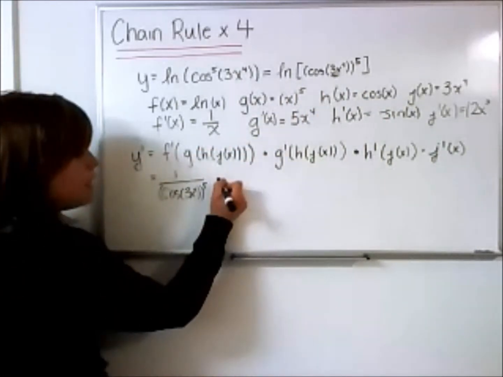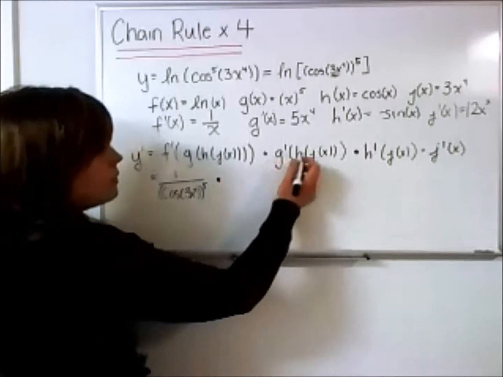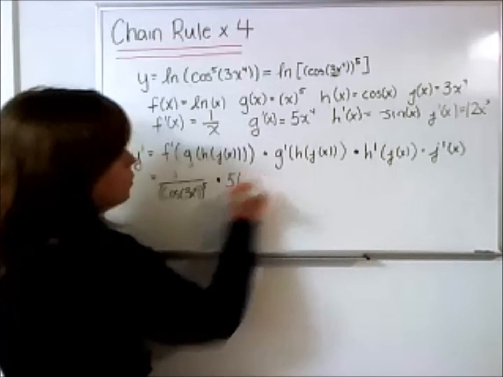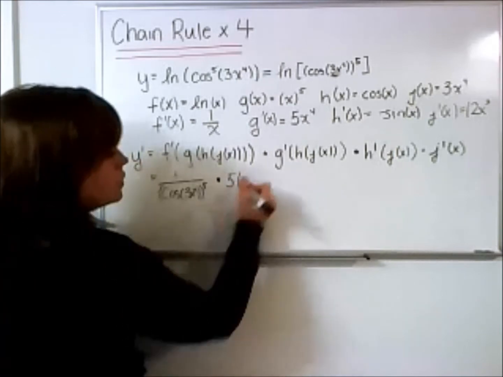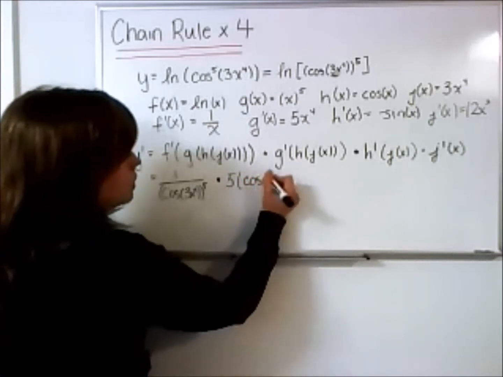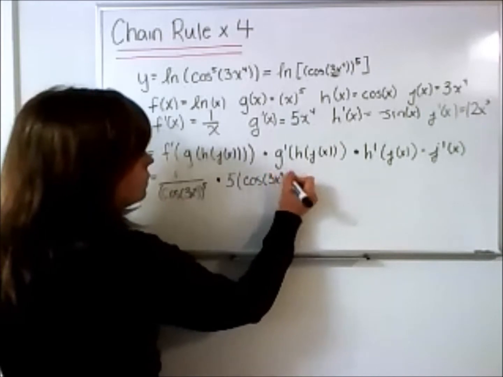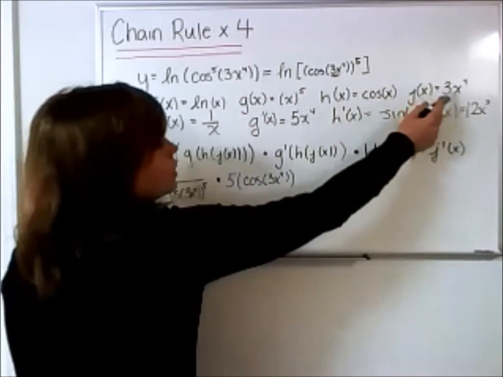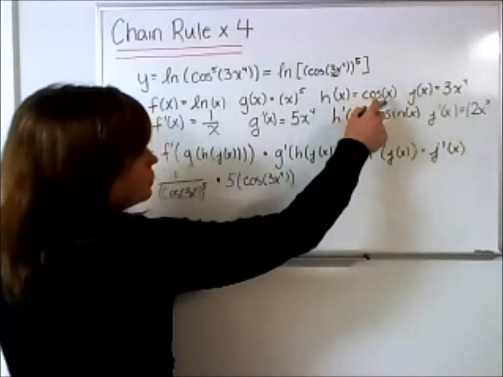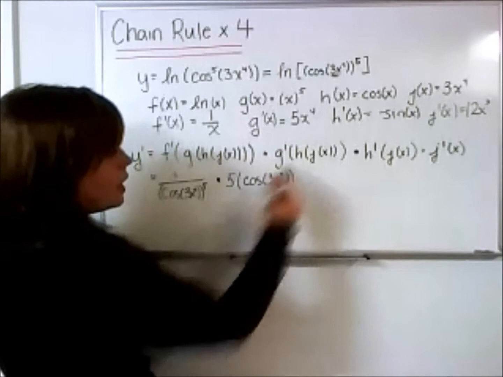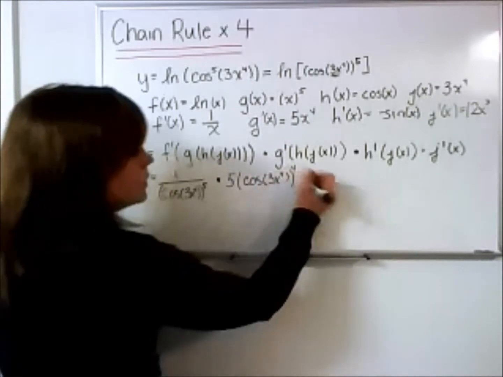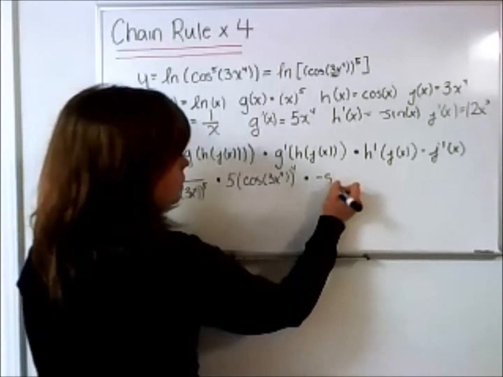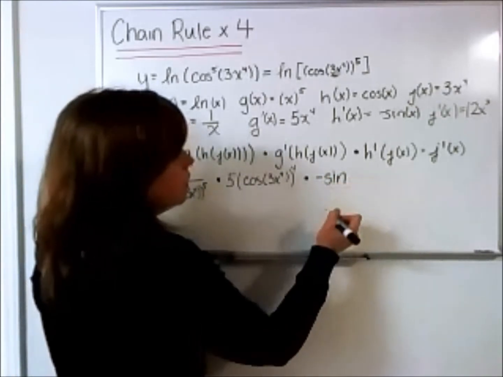We're going to multiply that by g prime of h of j of x, so that'll be 5, some quantity raised to the 4th, so that'll be cosine of 3x to the 4th. Again, just substituting my j function into my h function wherever I have an x, and that's to the 4th, times a negative sine of j of x.